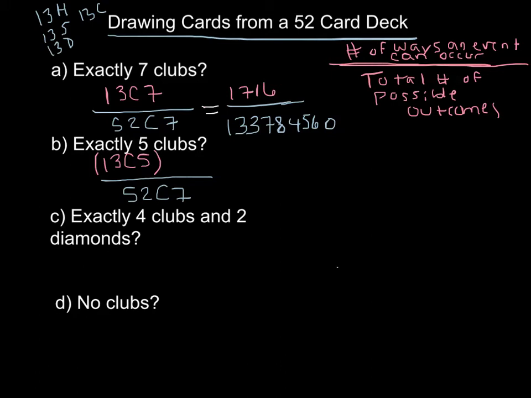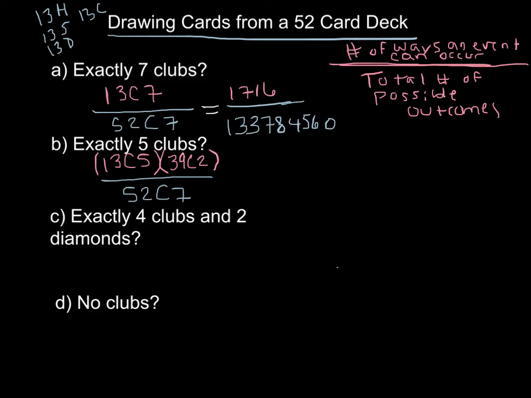But now we have 2 cards left to draw. So I'm going to multiply the number of ways I can draw my 5 clubs times the number of ways I can draw 2 cards from any other suit. If I throw away my clubs now, because I can't draw any more clubs, there's only the hearts, spades, and diamonds left. That's 39 cards, and I need to get my remaining 2 cards from them, so it's 39 choose 2.